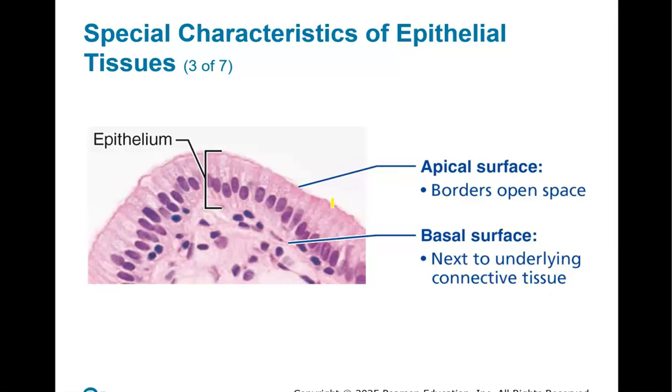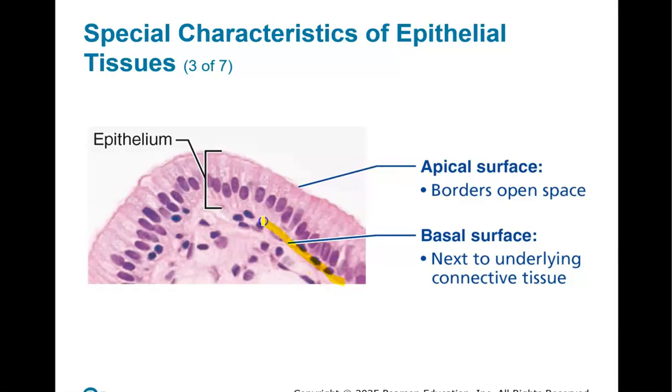The microvilli on the surface, you see how it looks fuzzy? They are folds in that apical surface that increase the surface area so more nutrients can be absorbed. And then there's the basal surface, which is attached to connective tissue underneath.